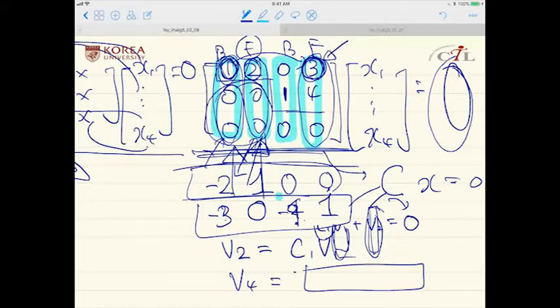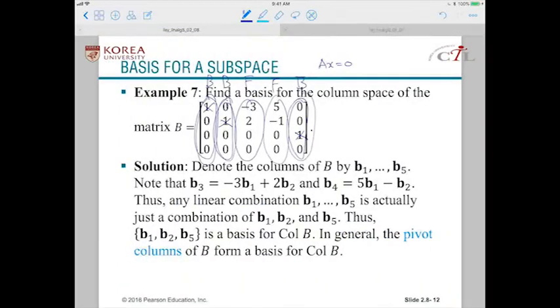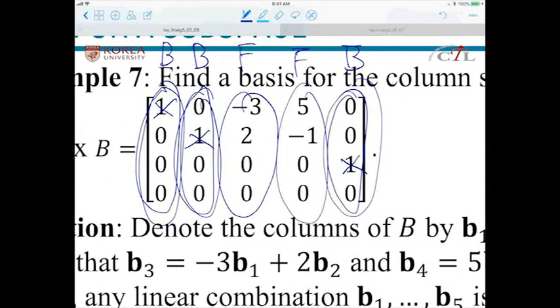So again, the point is that the column corresponding to a free variable is always represented as a linear combination of the previous vectors, right? And why do we need this kind of effect? We want to be able to select only those linearly independent vectors from the columns in the given matrix, right? So here, we can just simply extract or select only the columns corresponding to the basic variables.